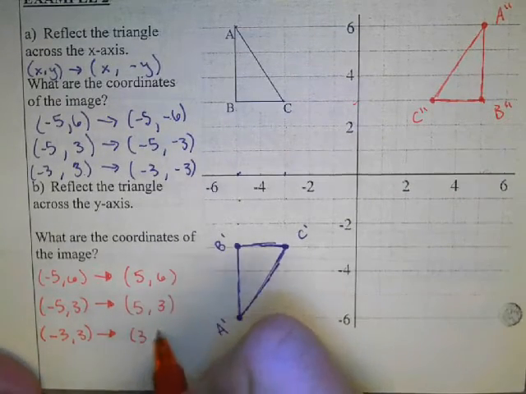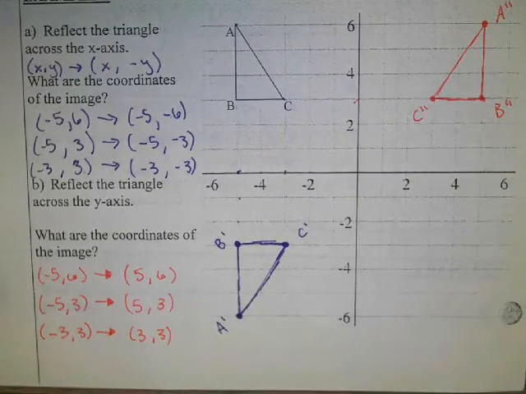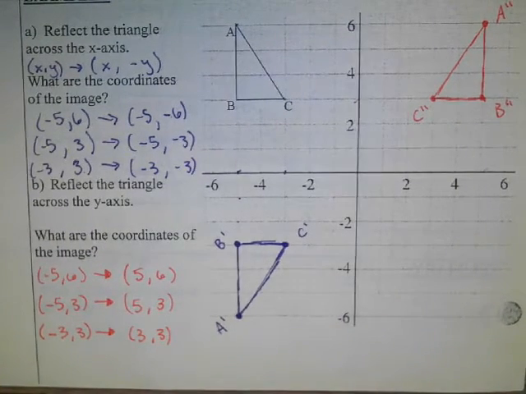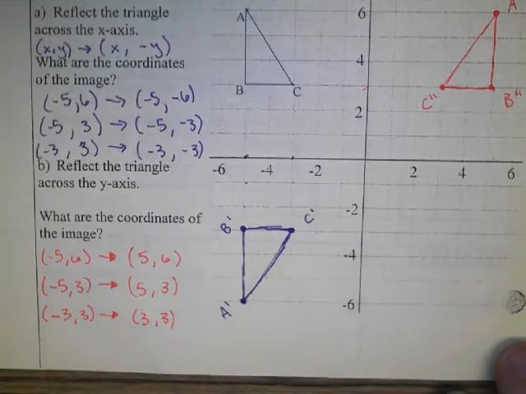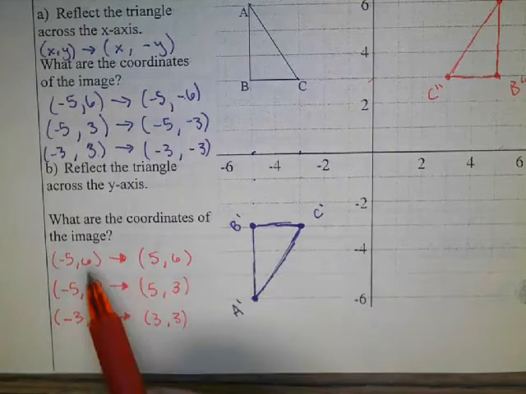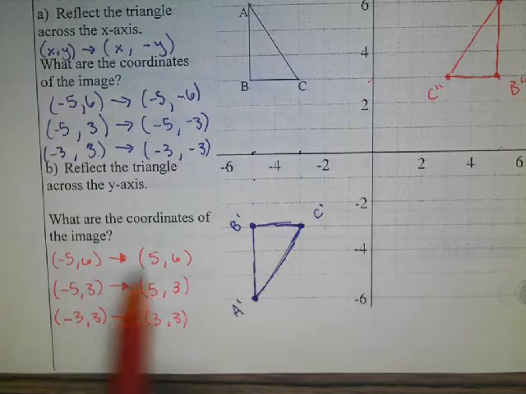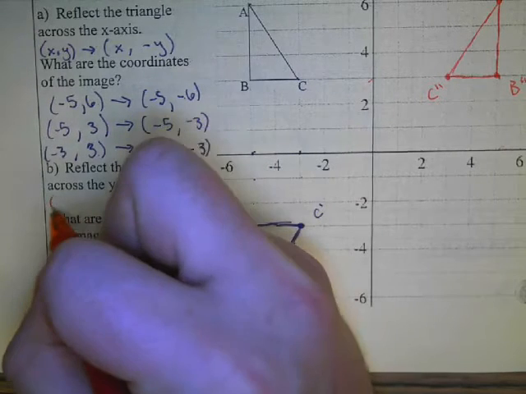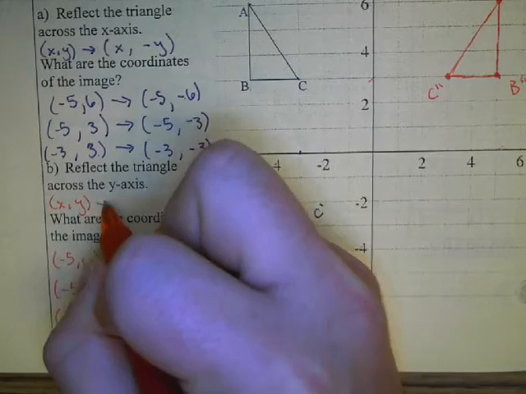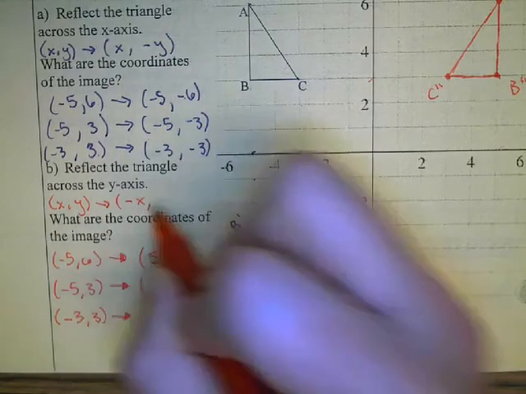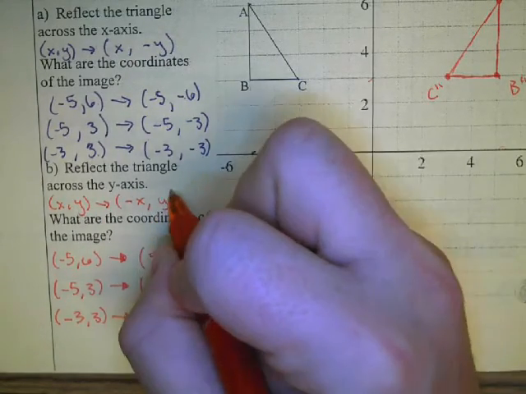Now what's the theme with this transformation? Well, my y stayed the same. 6 stayed 6, 3 stayed 3, 3 stayed 3. But my x's became their opposites. So we can say (x, y) was sent to (-x, y), where y stayed the same.